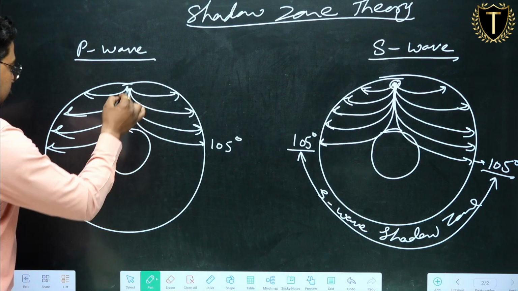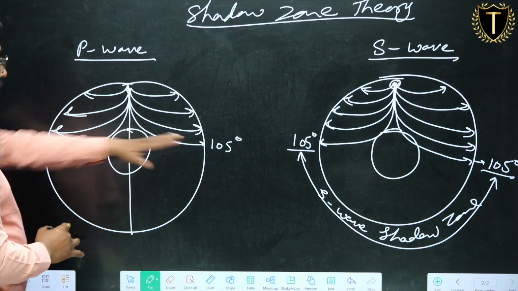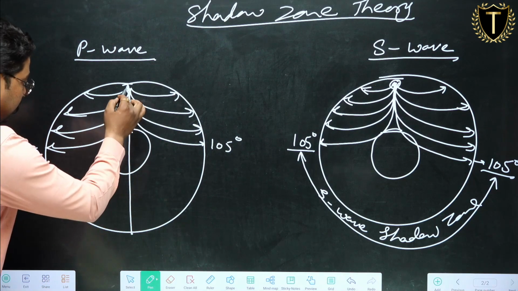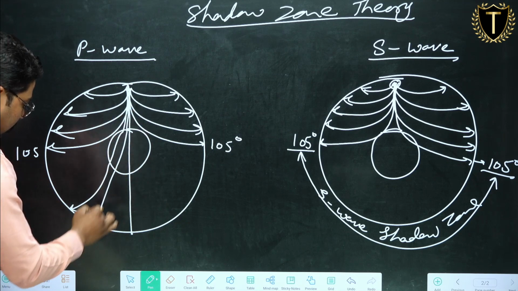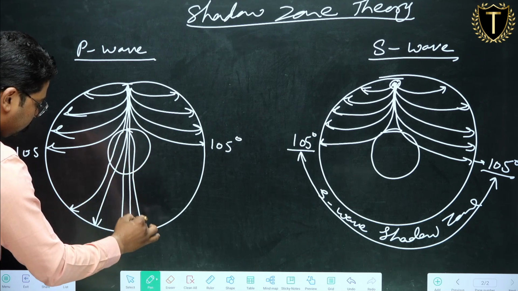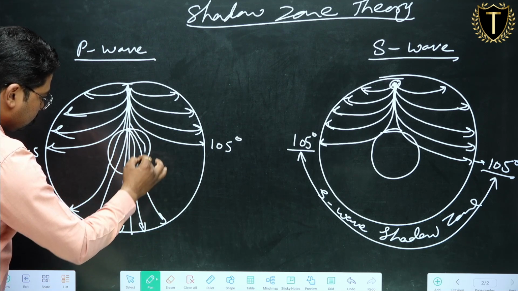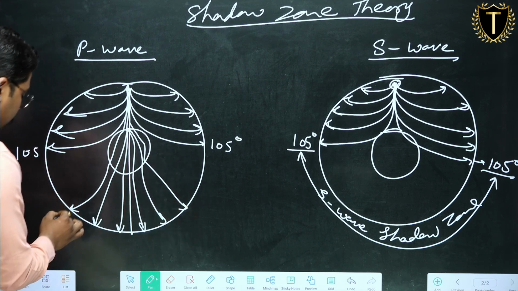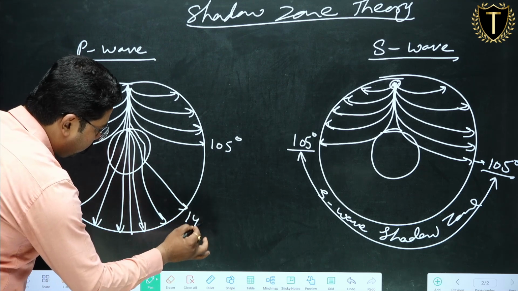And again, if we put the Earth in two halves, 180 and 180, the P waves are again recorded between 145 degrees and 145 degrees.